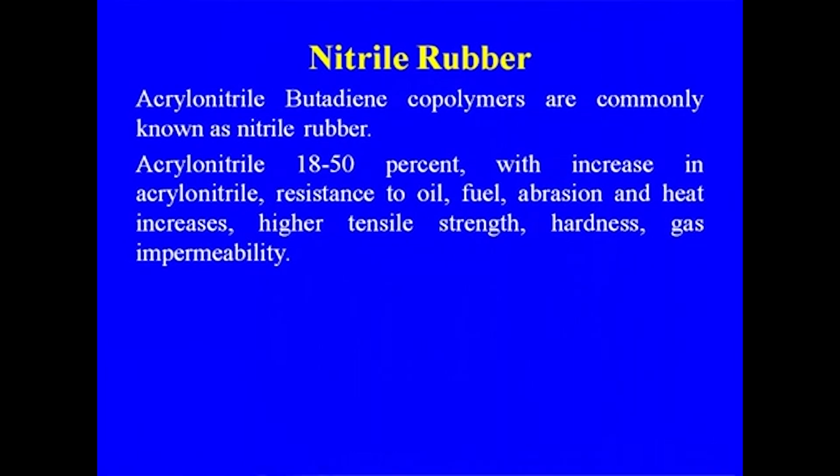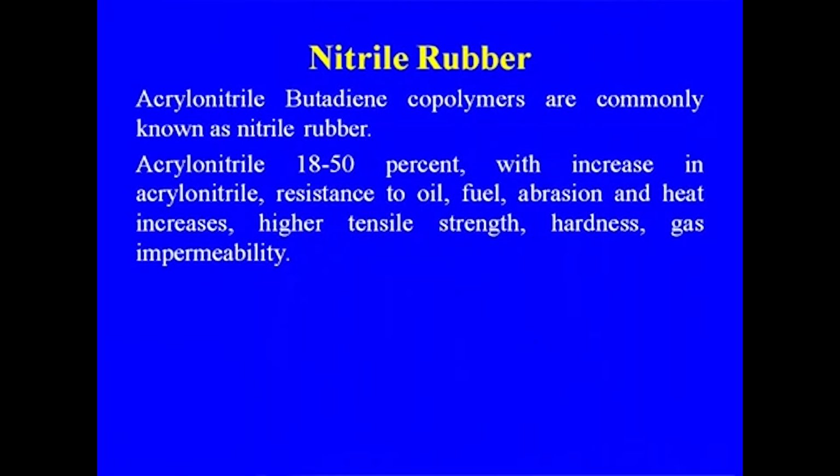Acrylonitrile content ranges from 18 to 50%. With an increase in acrylonitrile, resistance to oil increases, and this is what I was telling about oil sealing, because the resistance to oil leakage in the case of nitrile rubber is very high. Resistance to oil, fuel, abrasion and heat increases, along with higher tensile strength, hardness and gas impermeability. So, if you increase the acrylonitrile content, the effect will be more resistance to oil, fuel, abrasion and heat.